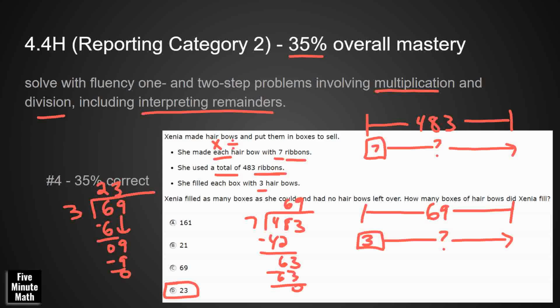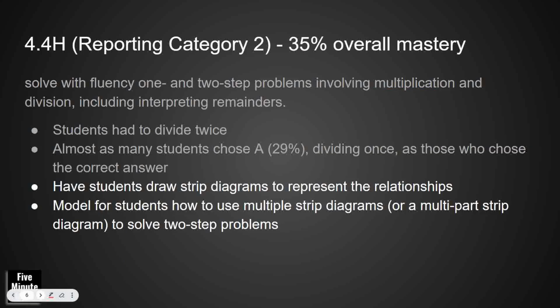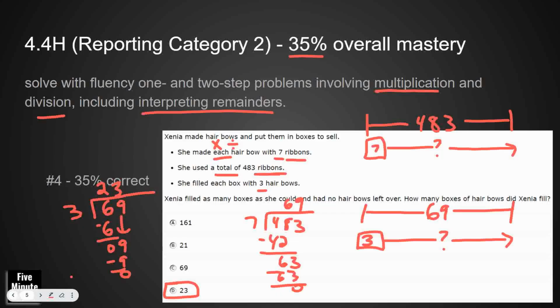Only 35% of our students got that. So we had to divide twice. Almost as many students chose A, 29%, as those who chose the correct answer. A was 161. And what that 161 is, if we just ignore the 7, this is just the 483 divided by 3.